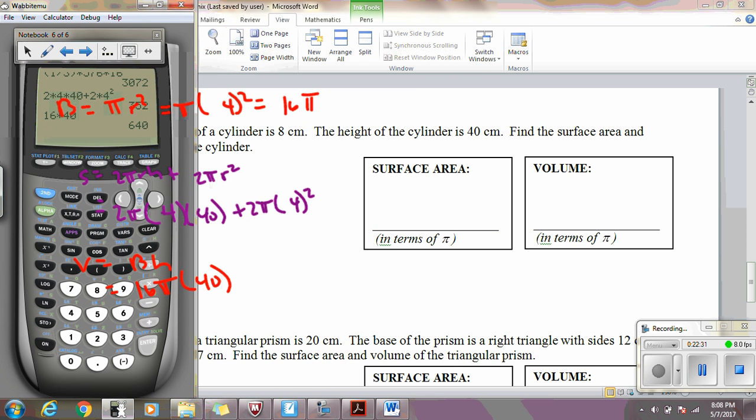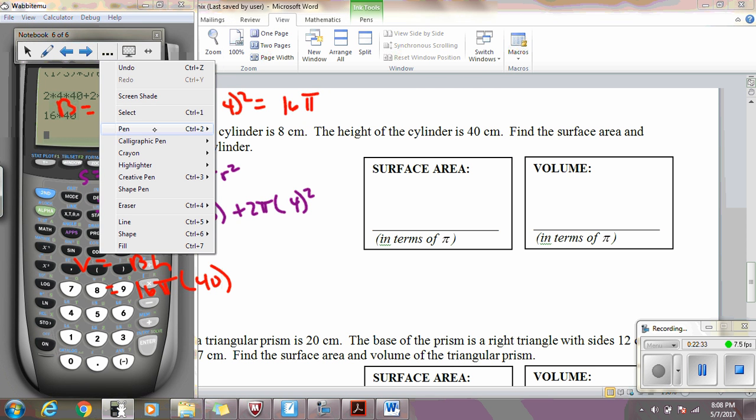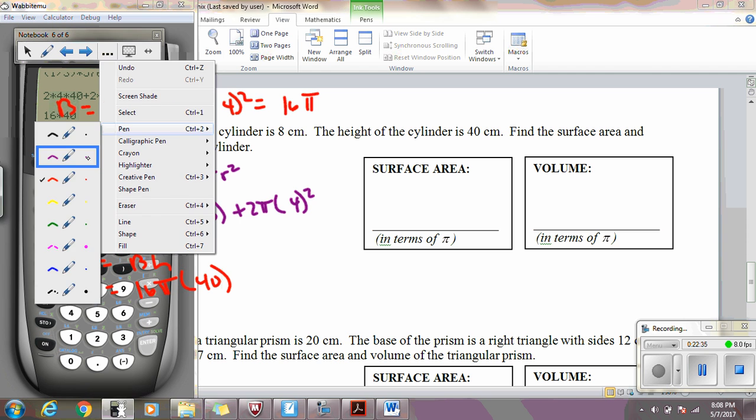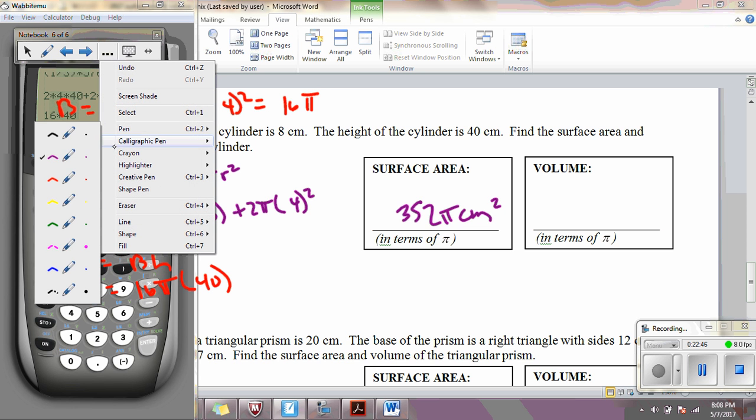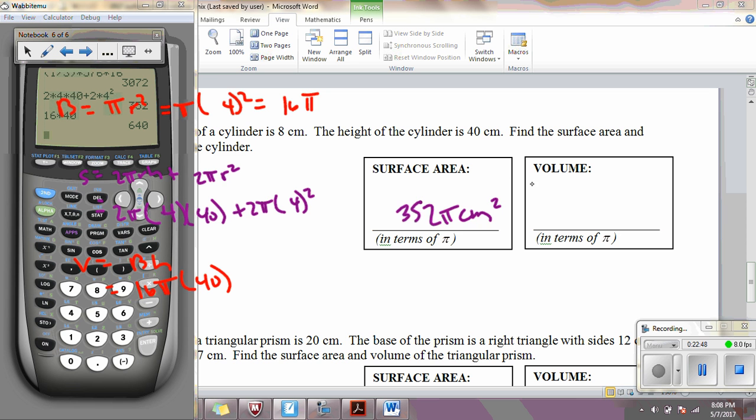So 352 pi for my surface area, centimeters squared. And for my volume, it's 640 pi centimeters cubed.